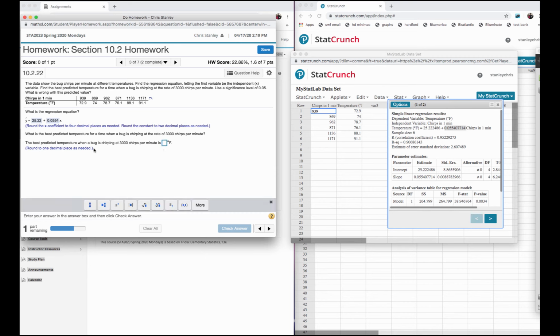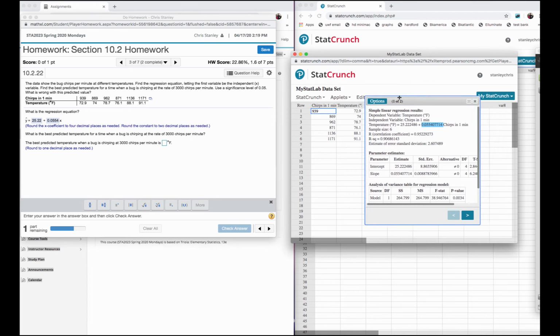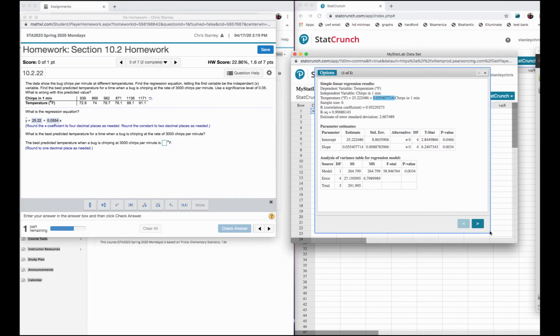Okay, what is the best predicted when a bug is chirping 3,000? So this is what I mean by when we want to look at this value right here. Since this is less than the alpha, that means we have evidence for a linear correlation, which means we're allowed to use this equation.